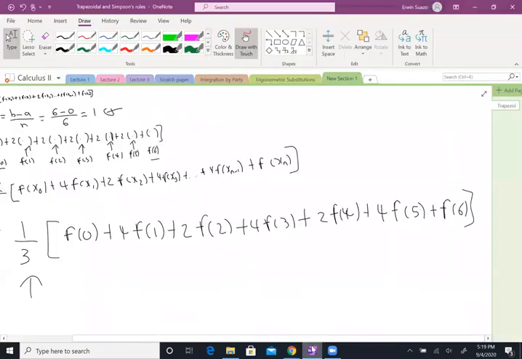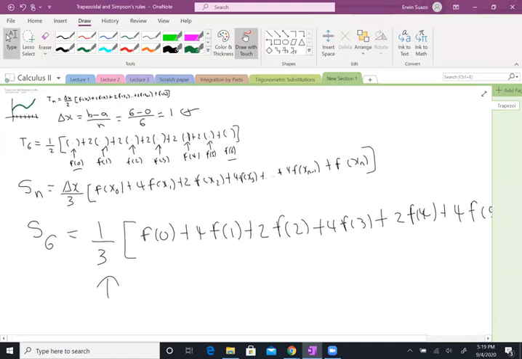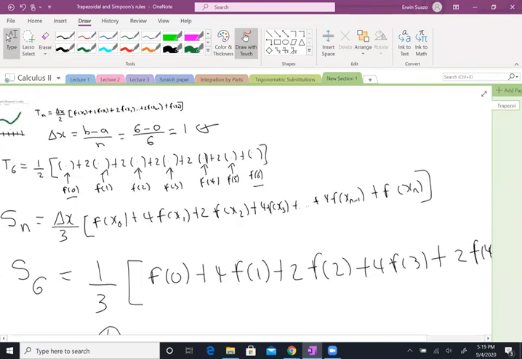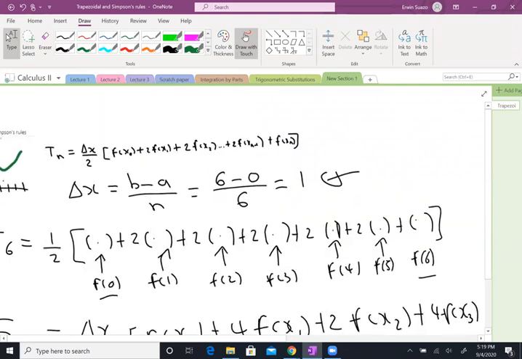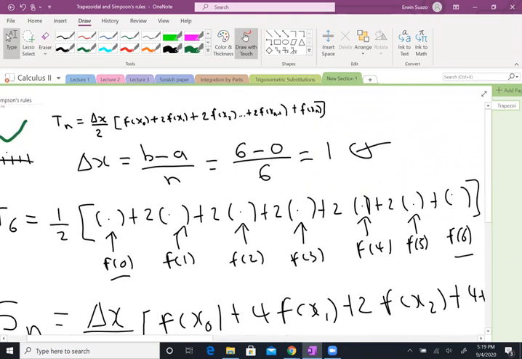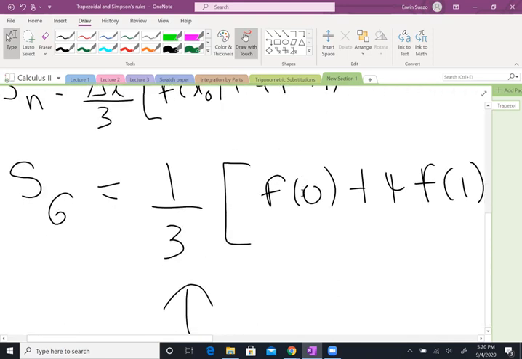I copied them from the previous problem I was solving. So this is the trapezoidal, right? We need to know what n is and what delta x is, and then pretty much we just need to plug in values.